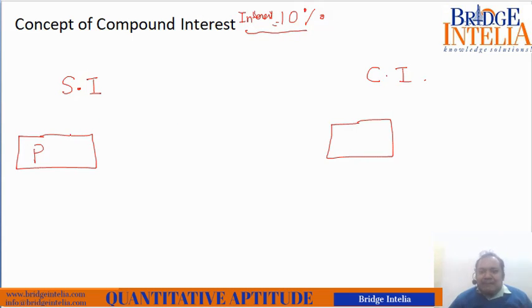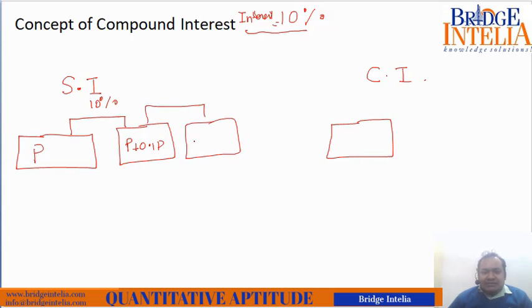So what is the math? Each year 10% of P gets added. So the amount slowly becomes P plus 0.1P. The next year again, exactly the same 0.1P, that means 1/10 of P will get added.